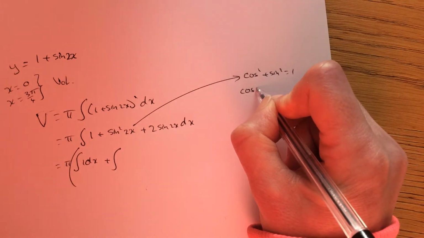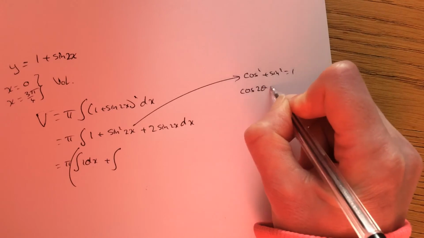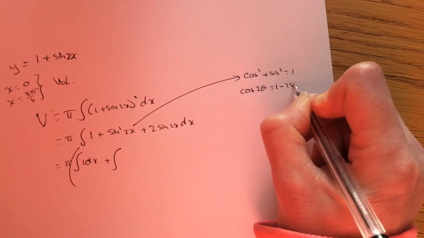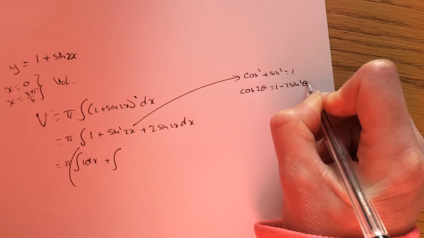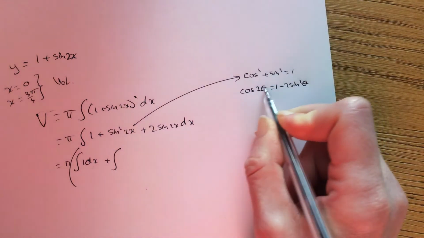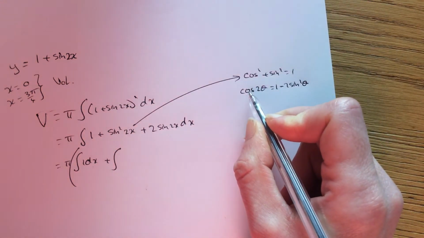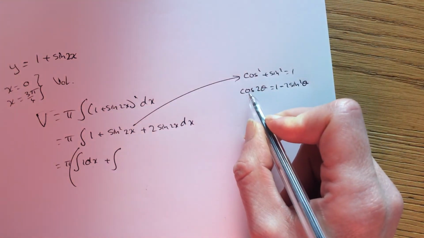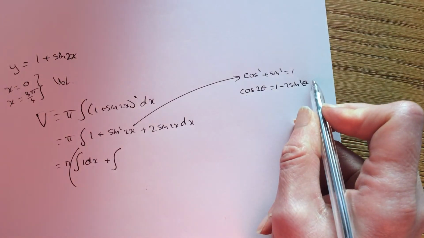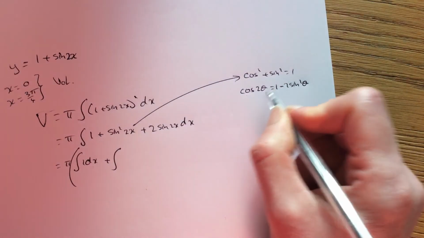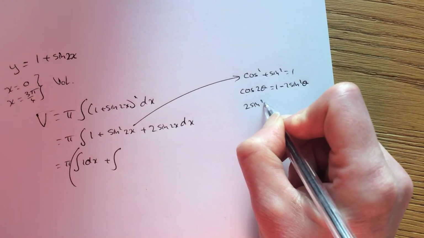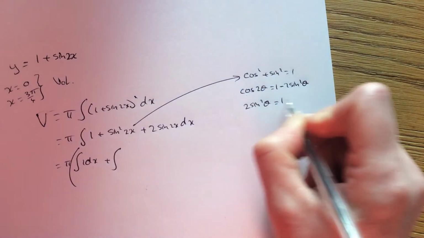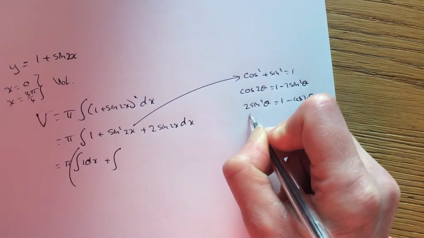So where else does sine squared come up? If you think back to the cos 2 theta formula, you've got sine squared in there. And cos is on my trig differential, so I could work with that. So I'm going to take this and rearrange this. So I've got 2 sine squared theta equals 1 minus cos 2 theta.